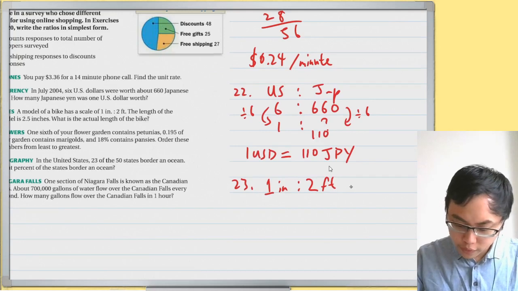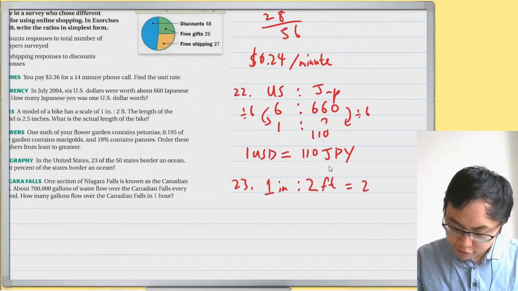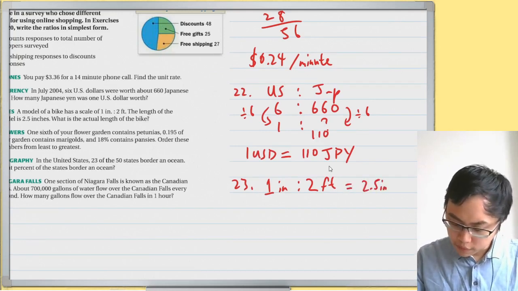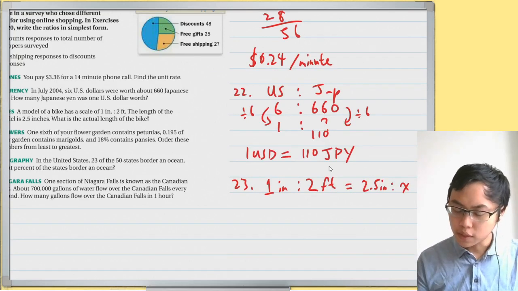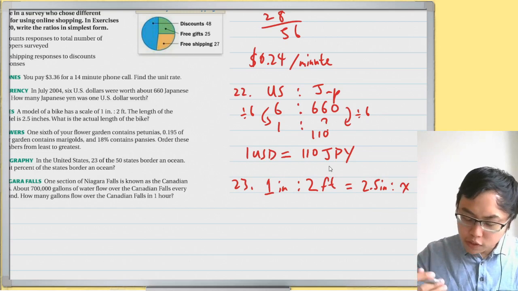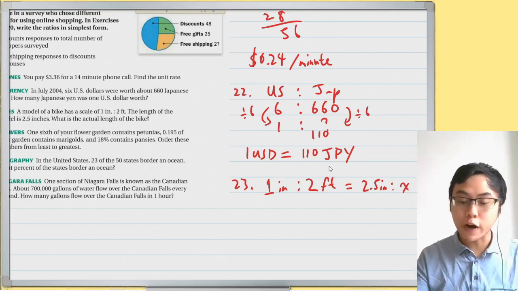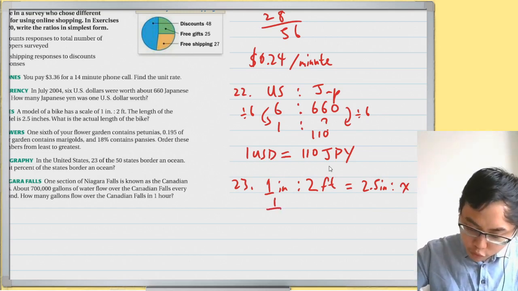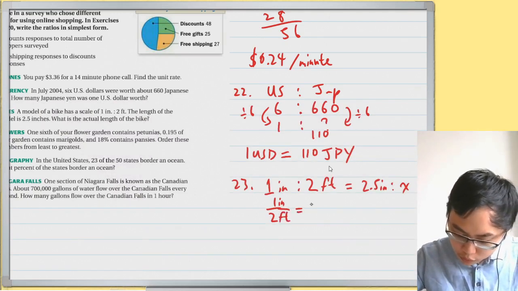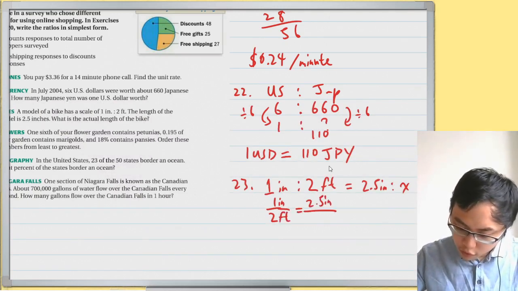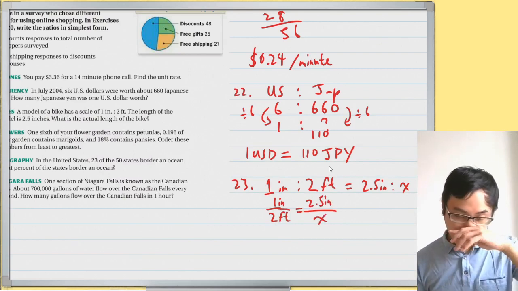And we want to equate that to 2.5 inches in the model to some amount, or X amount, in real life. And so let's use fractions to do this. So 1 inch over 2 feet is equal to 2.5 inches over X. And we want to work out what X is.